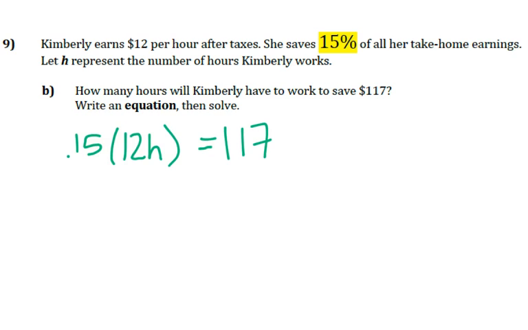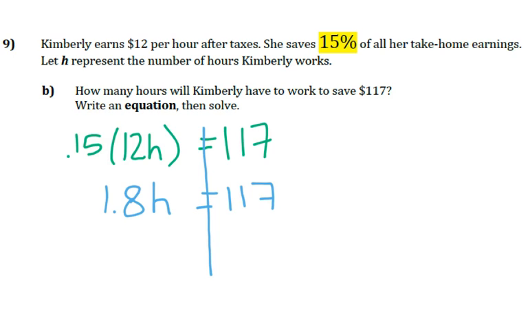And we're going to figure out how many hours she's going to have to work to reach $117 saved. So we'll go ahead and draw our line down from the equal sign. On the left of our equation, we can actually perform the multiplication. That's 15/100ths times 12H, which gives us 1.8H is equal to 117.